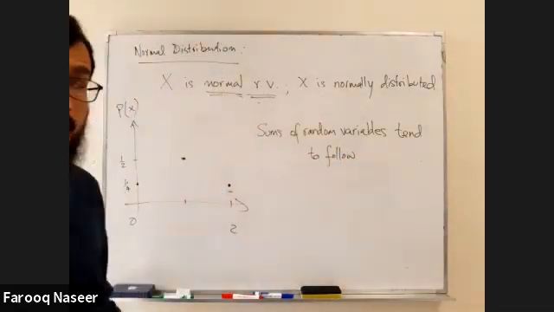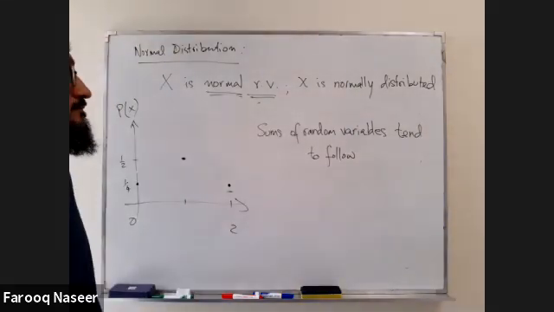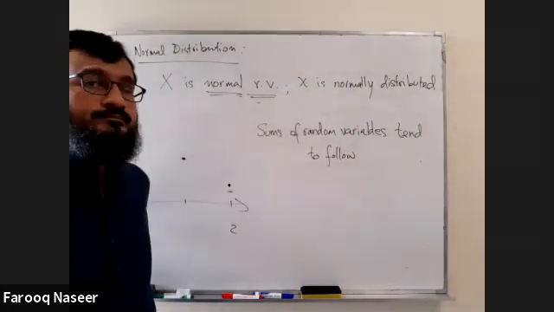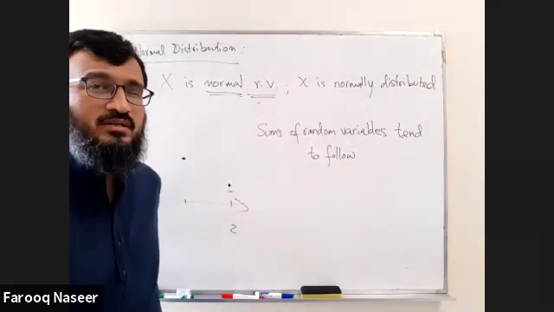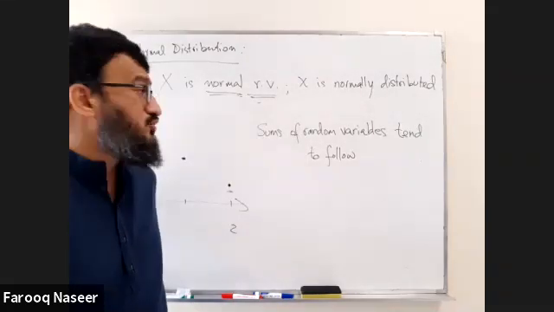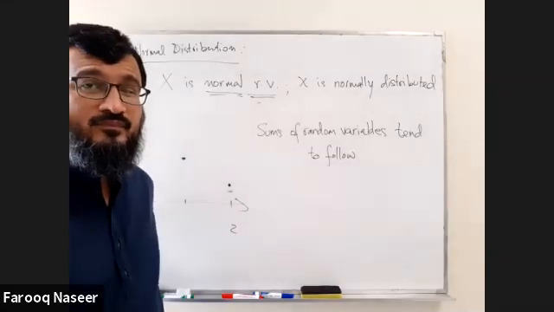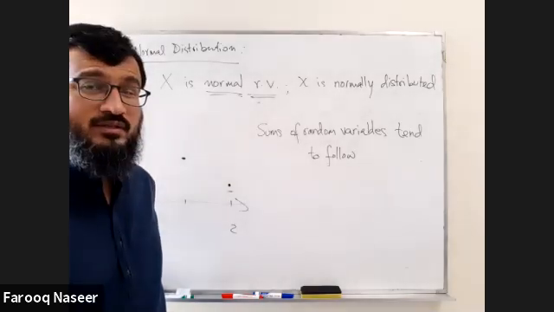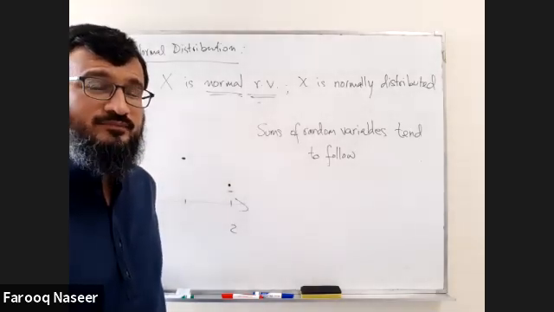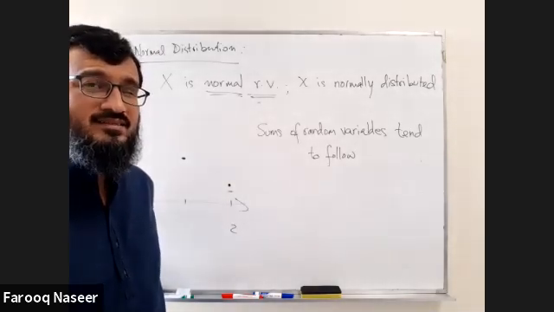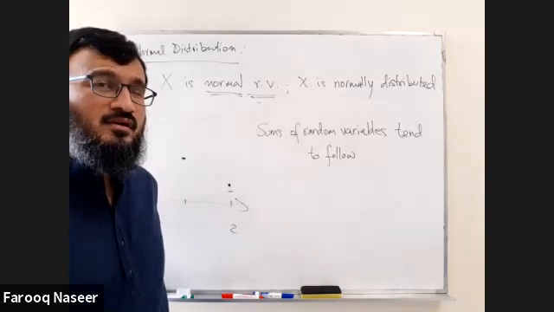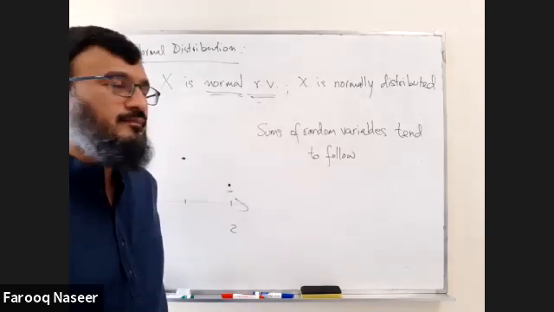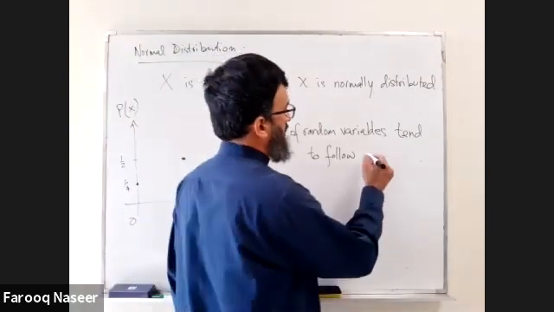Anyone? So if I'm summing different random variables and I'm interested in finding the distribution of that sum, that z variable, that z variable will tend to follow what distribution? Anyone? Any guesses? Normal. Yes.